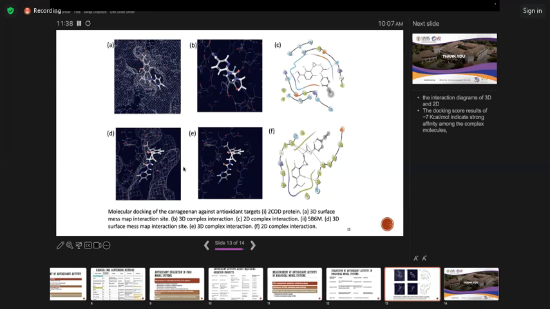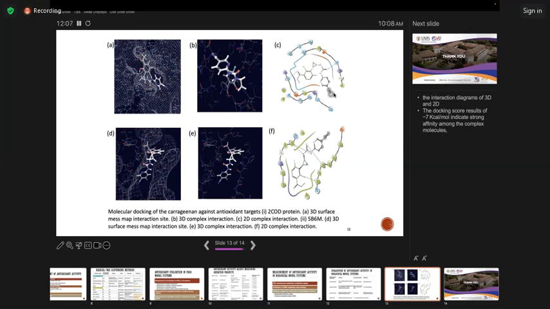Right? So the first one, molecular docking of the carrageenan against the antioxidant target. We can see a 3D surface map of the interaction sites, the map of the 3D complex, and B, the 3D complex interactions, and labeled by C, the 2D complex interactions of the antioxidant and the carrageenans.